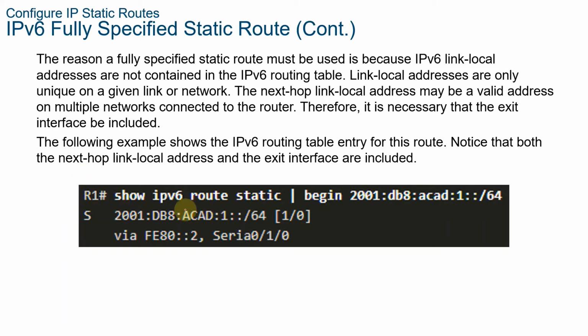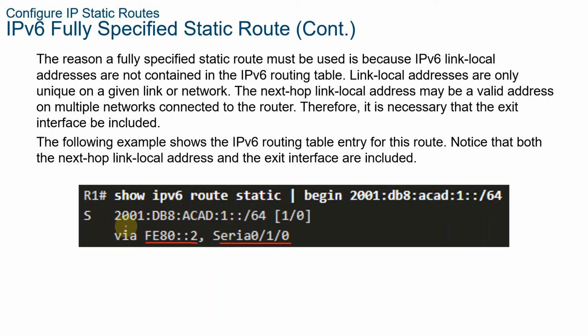The following example shows the IPv6 routing table entry for this route. Notice that both the next hop link local address and the exit interface are included. This is your next hop address and this is your exit interface.